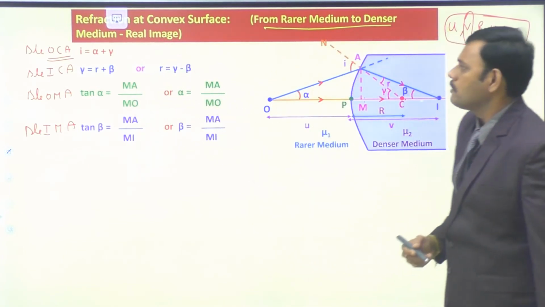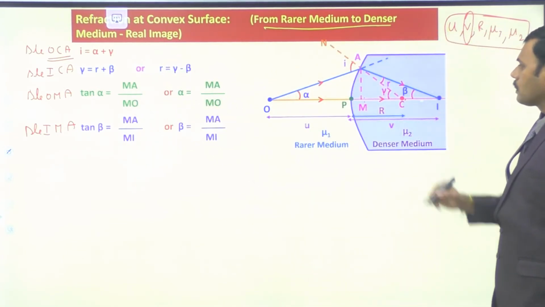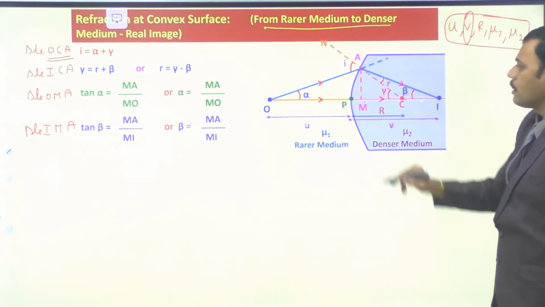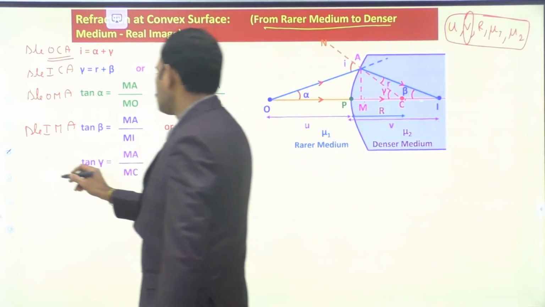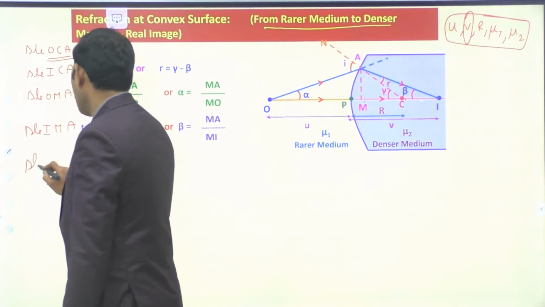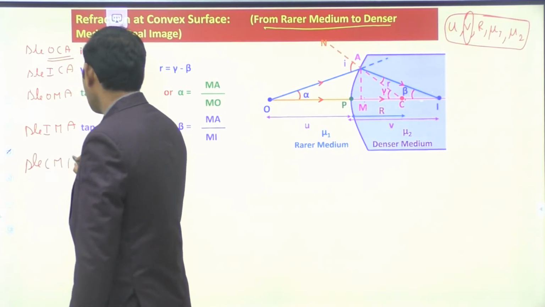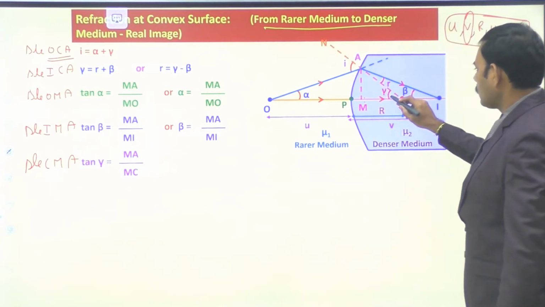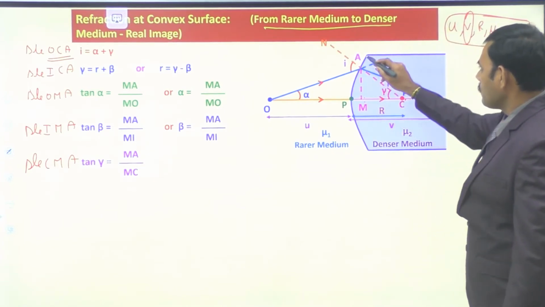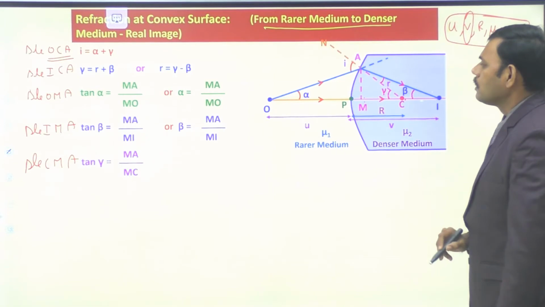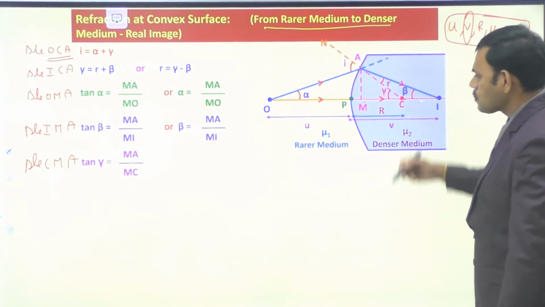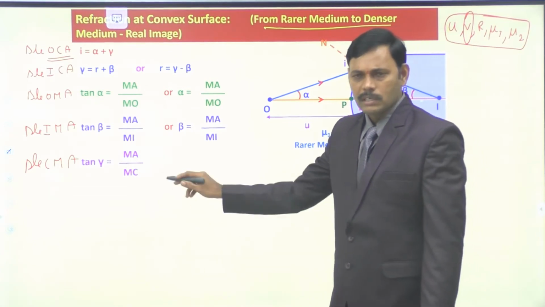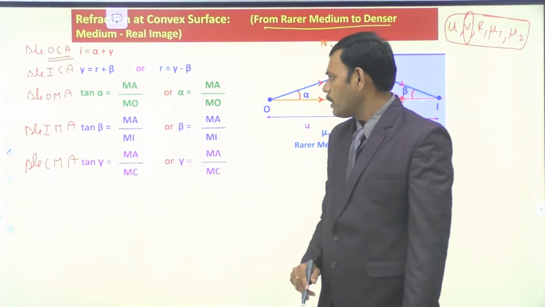So we calculated alpha and beta. Then our aim is gamma. Consider the right angle triangle CMA to find gamma. Tan gamma is the opposite side MA by the adjacent side MC. As gamma is also very small, tan gamma is approximately equal to gamma, so gamma is MA divided by MC.